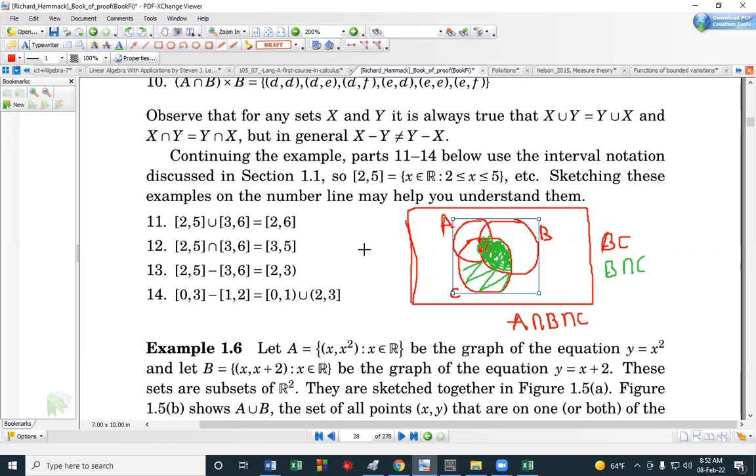Sir, A union B prime. A union B, prime, okay. It is going to be the subtraction of C and A union B. Yes. Sir, I apologize, I did not notice the other union part over there. I thought you just wanted the lower part.